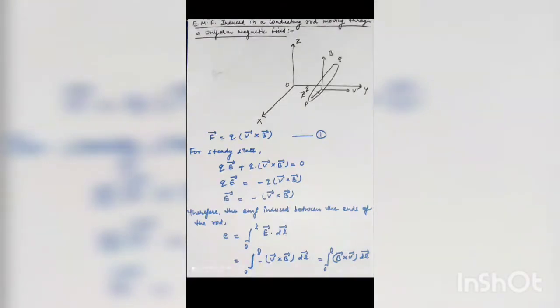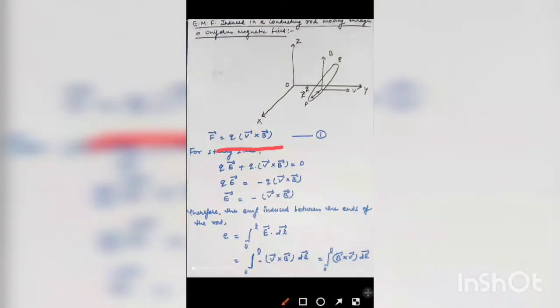Then a particle of charge q experiences a force F equal to q v cross B. The direction of the force F is perpendicular to both the velocity v and the magnetic induction B. If charge q is positive, then the force F is in the positive x direction, as shown in the figure.